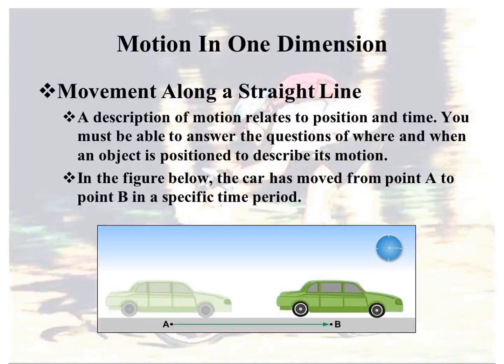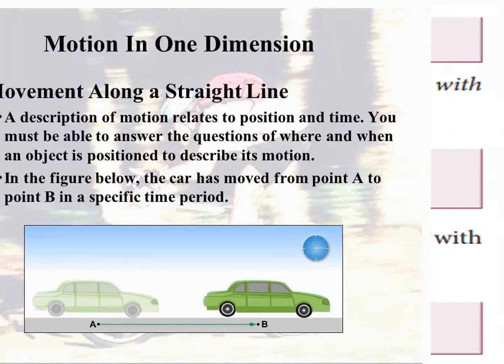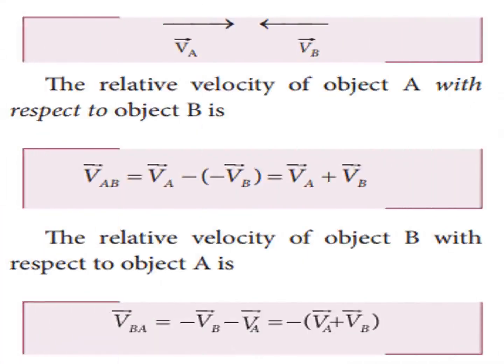Apply the formula VBA equals V vector B minus V vector A. So VBA is 40 minus 35, that is 5 km per hour. VAB means VA minus VB, so 35 minus 40 is minus 5 km per hour.